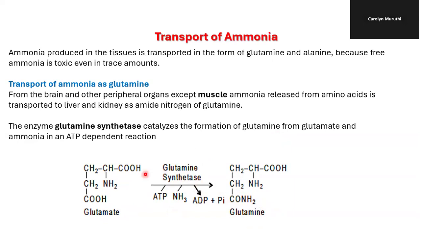And this reaction, as we said earlier, requires ATP as the source of energy. So glutamate picks up an ammonia group, it's converted to glutamine, and then it's transported to the liver.